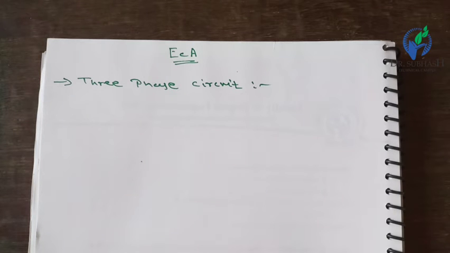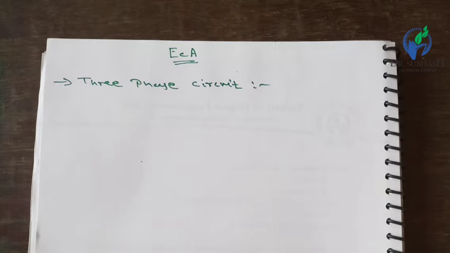The system which has three phases, the current will pass through the three wires, and there will be one neutral wire for passing the fault current to the earth, is known as a three-phase system. I repeat the definition of a three-phase circuit.